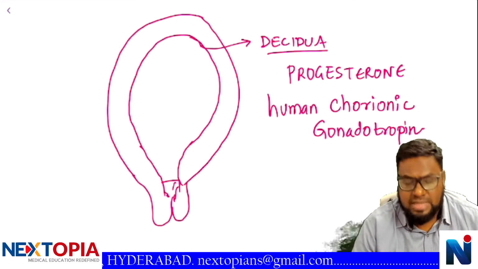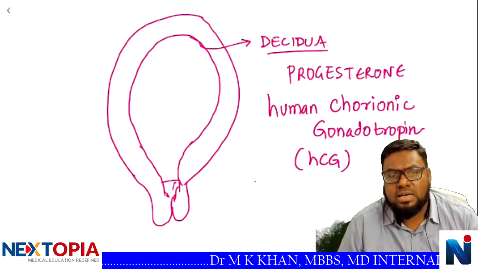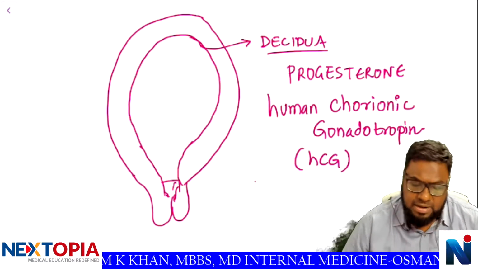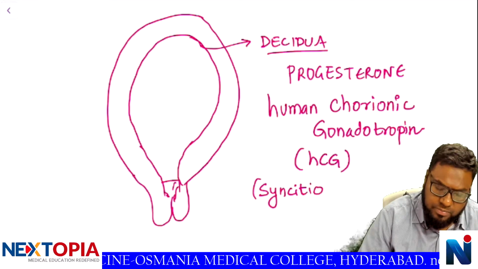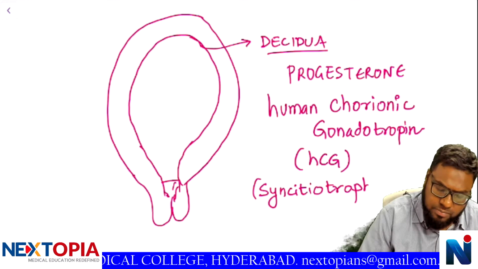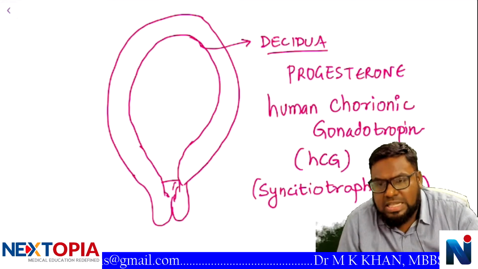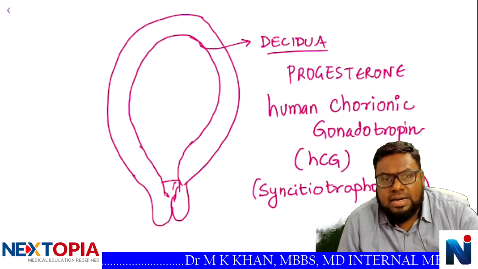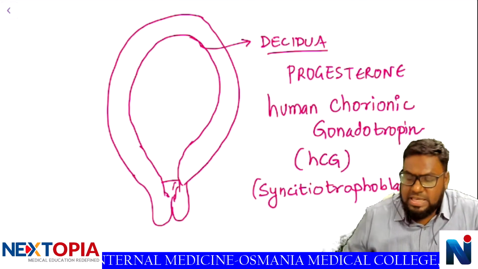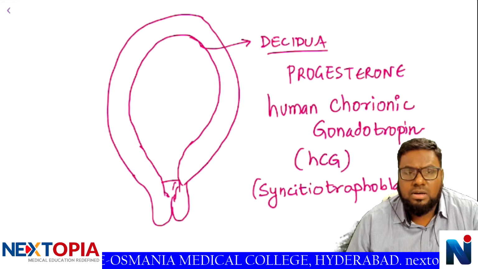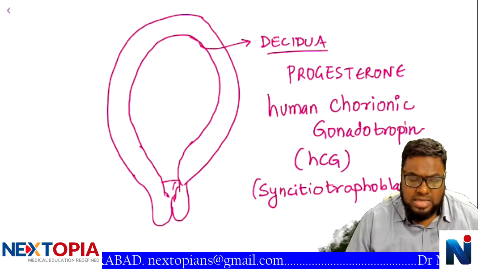this hormone is secreted by the ovary and the placenta. In the placenta, it is secreted by the syncytial trophoblast cells. On the 17th to 18th day of the menstrual cycle, that is 5 days after fertilization or timing of implantation, the uterine endometrium is highly modified into an edematous and vascular structure.